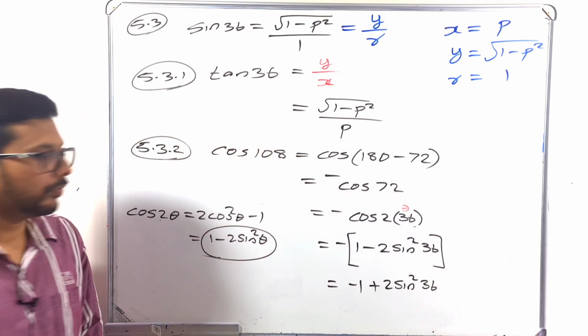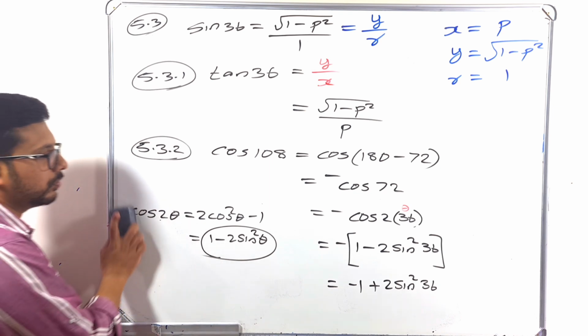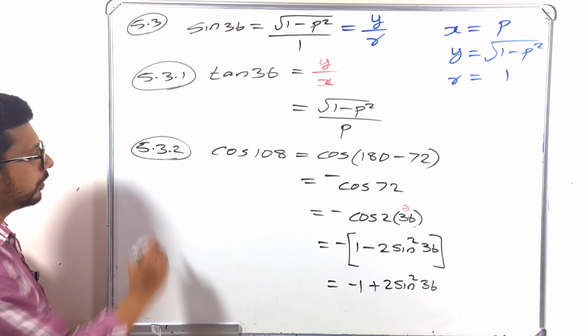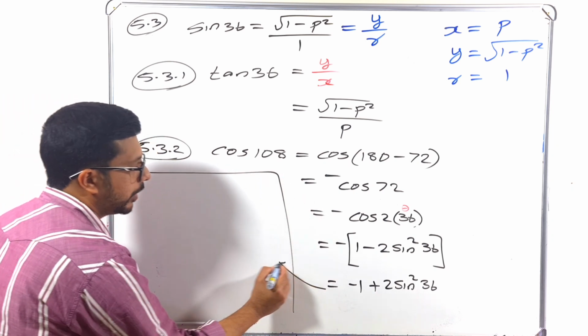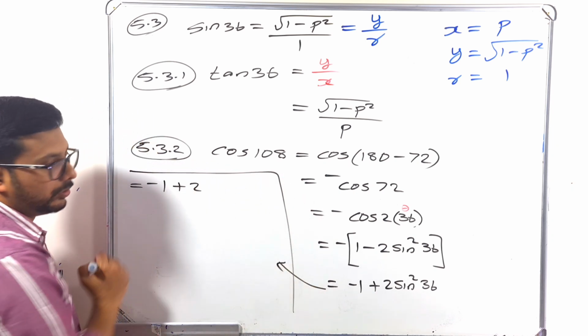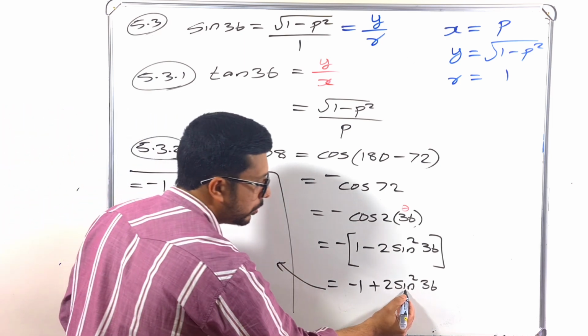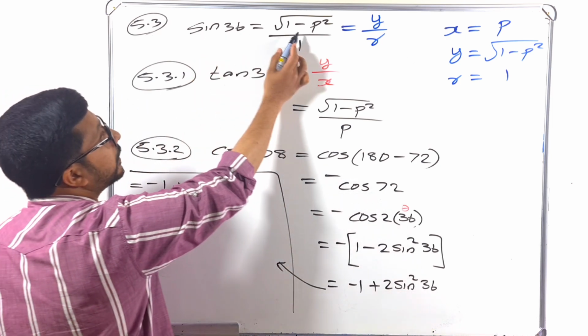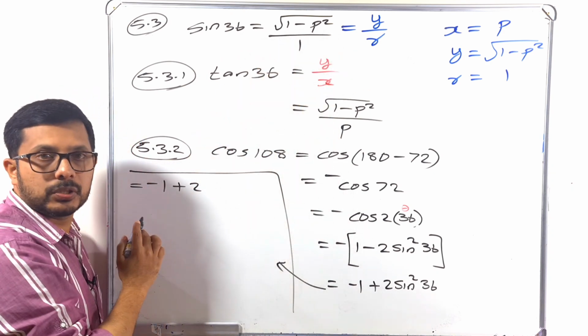So now we have to substitute the value of sine 36. Here it is going to be minus 1 plus 2 into sine square 36. We know sine 36 is root of 1 minus p square, because sine 36 is that divided by 1, which we wrote earlier.